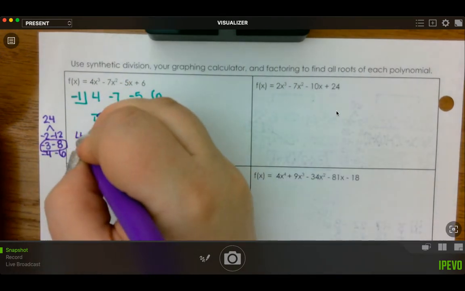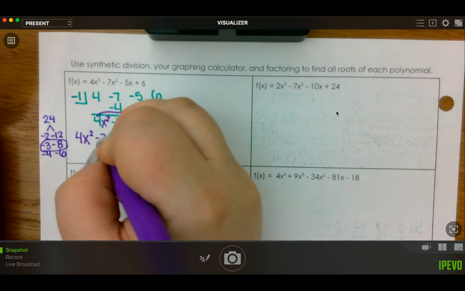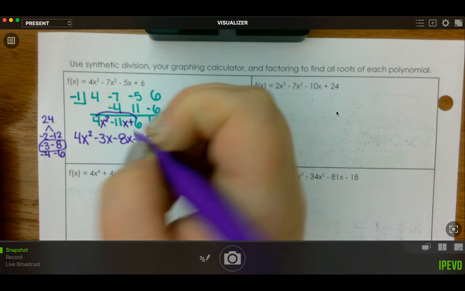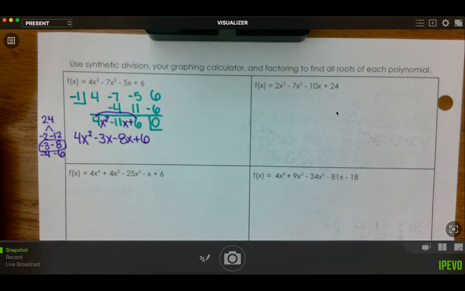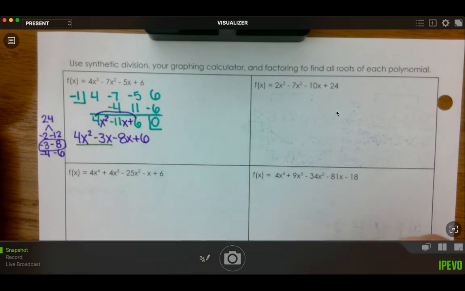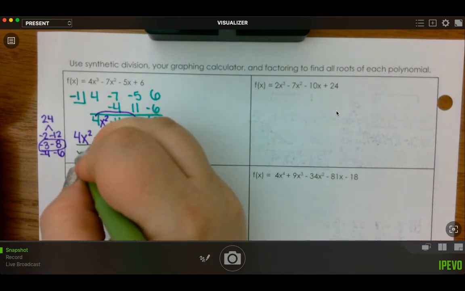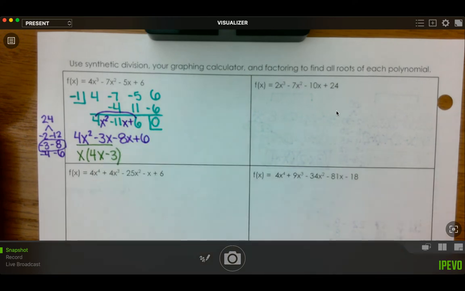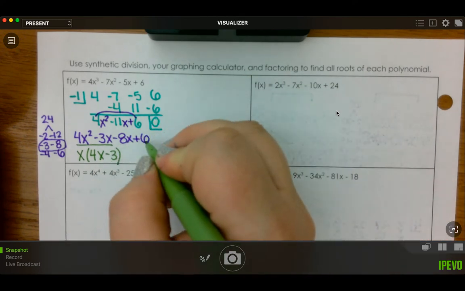So you're going to split it up in the middle. And factor by grouping. I can take an x out of these two, but that's about it. And I have 4x minus 3 left. Over here, I can take out a 2.